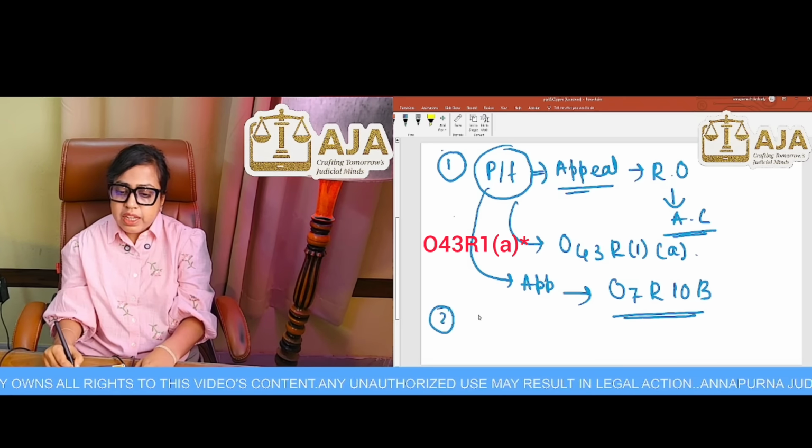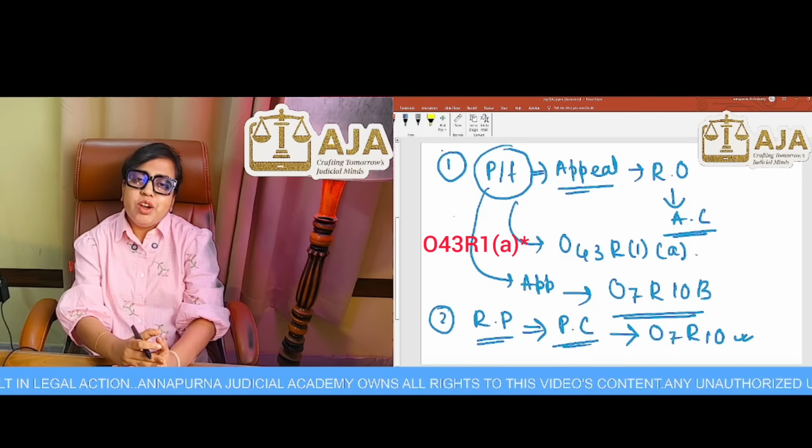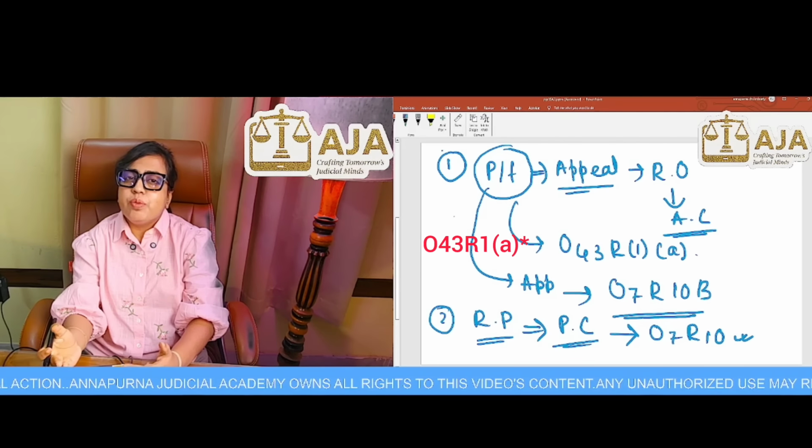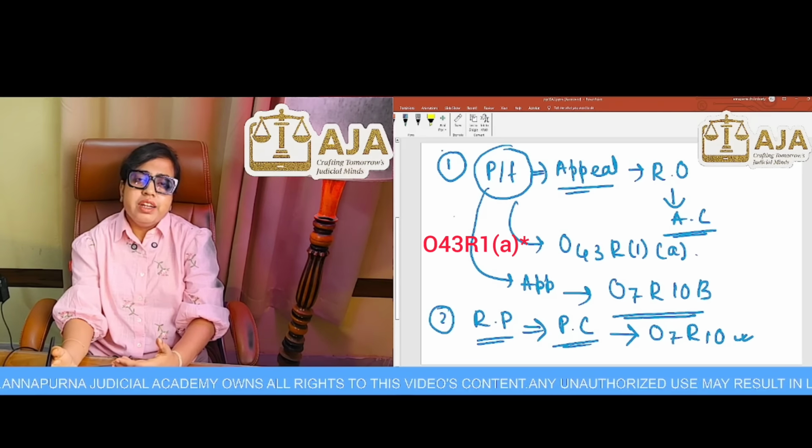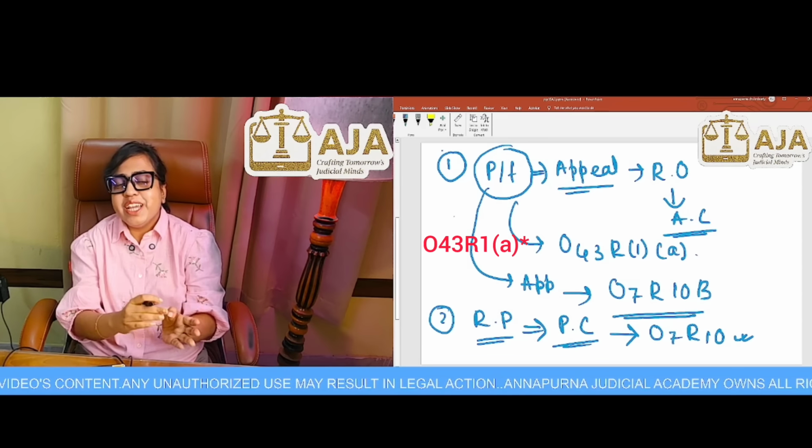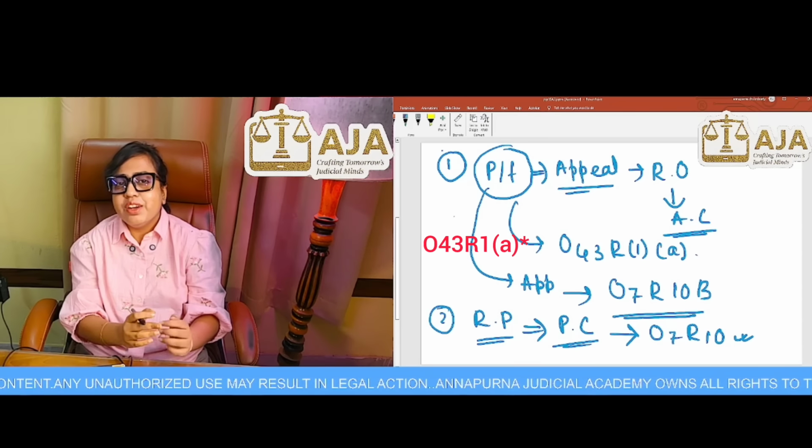Now, the third option the plaintiff has: instead of going to the proper court and filing the plaint in that court, the plaintiff can go to the trial court. Trial court means the same court which has passed the order.